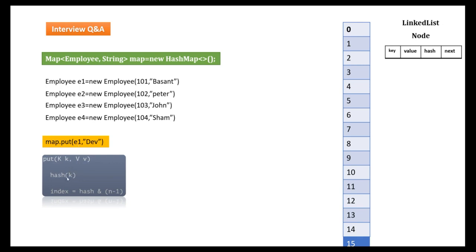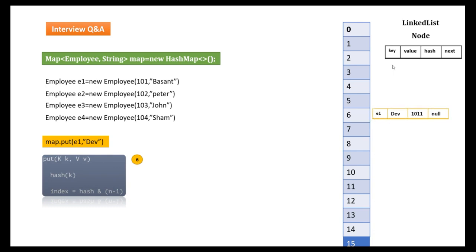So it will pass through this hash function and it will evaluate some hash value, and then based on the modulo operator it will identify the index. For example, let's assume this first entry evaluates index 6. Now simply this entry or this node will go and be stored in bucket 6. My bucket 6 is nothing but a linked list and it stores one node.